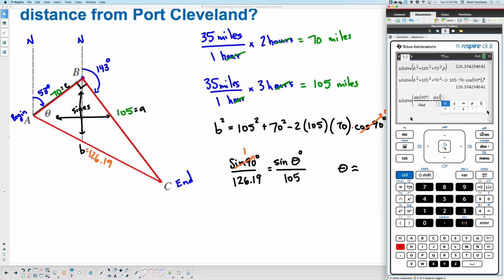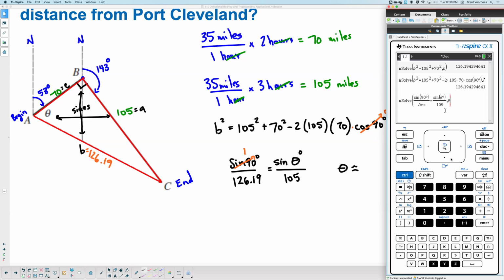The theta symbol is also in the pi button. Over 105. Comma. Theta. So now we'll solve for theta. Go ahead, type that in, press enter.